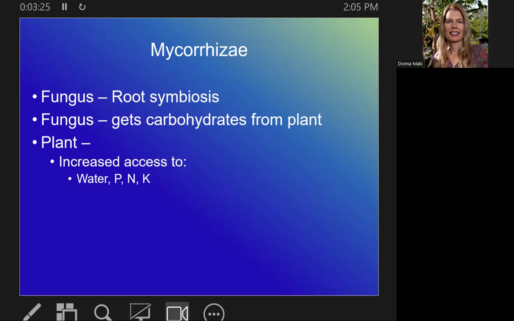That's on purpose instead of saying NPK like most of the fertilizers you see, bags of fertilizer. I'm putting the P first because that's phosphorus. And so with the help of the fungus, the plant can get access to phosphorus that can be really challenging for the plant to get access to all by itself. So in the soil system, phosphorus is often complexed with other chemicals and it precipitates out.